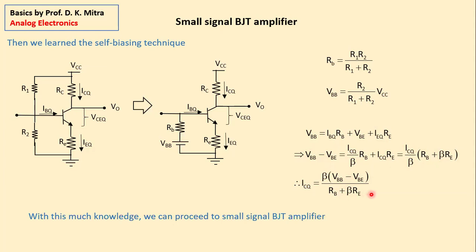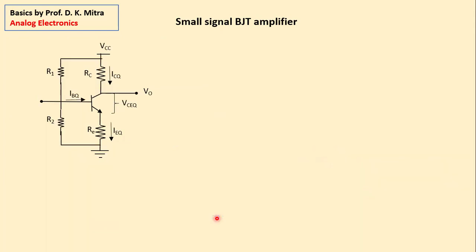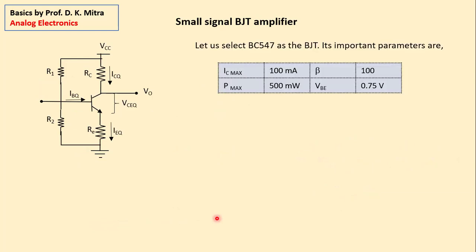Next, with this much knowledge, we can now proceed to the small signal BJT amplifier. This is the BJT amplifier. We start discussing new things. For designing, you first have to select the BJT, that is, the transistor that we want to use.